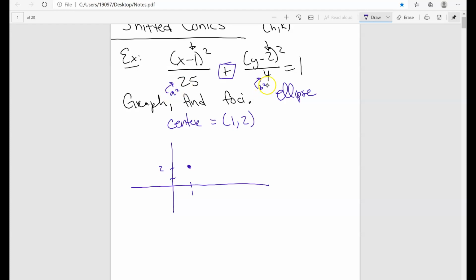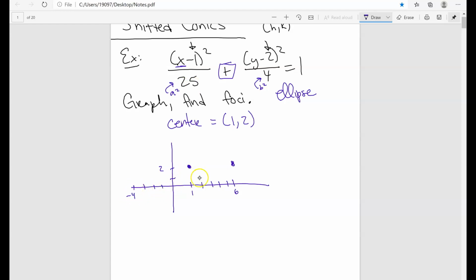In the x direction, a squared is 25, which means the square root of 25 is going to give me 5. That means I'm going to move 5 units this way. So 1, 2, 3, 4, 5. I'm now going to be at 6. And then 5 units in the other direction. So 1, 2, 3, 4, 5.